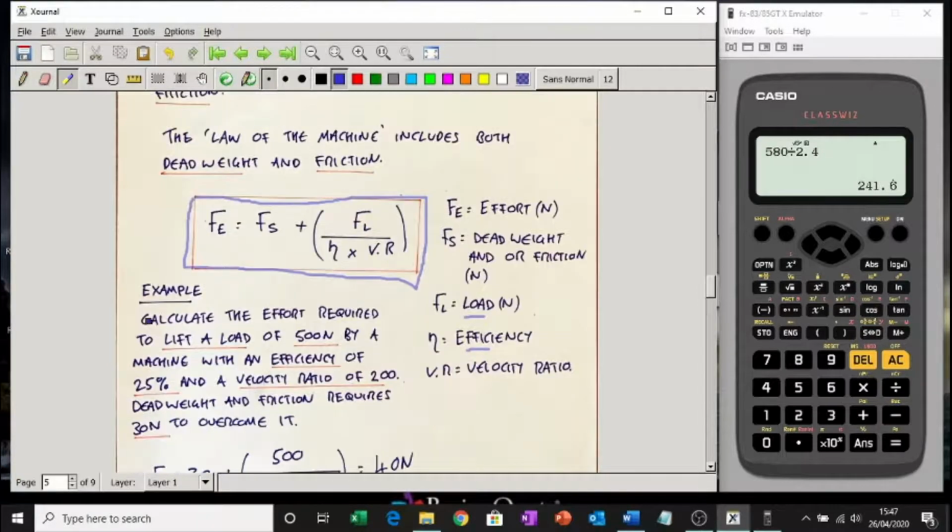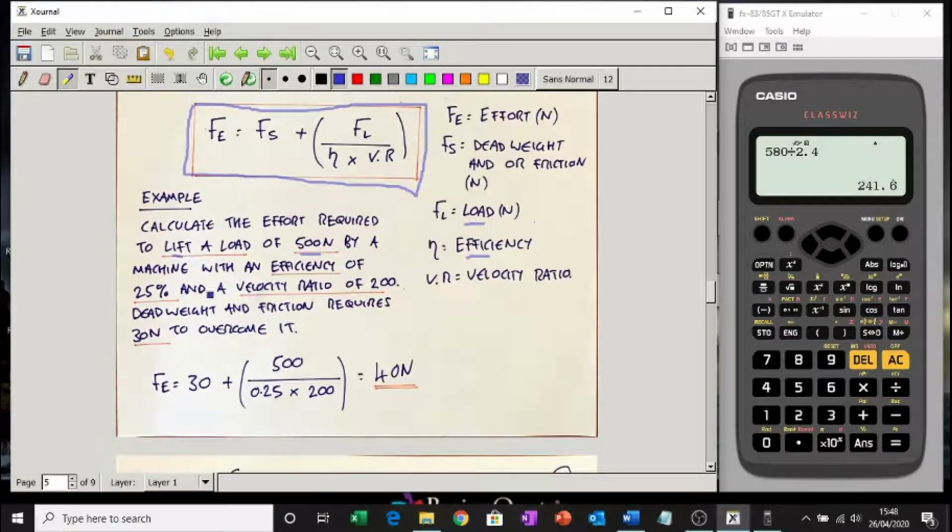So for example, calculate the effort required to lift a load of 500 newtons by a machine with an efficiency of 25% or 0.25 and a velocity ratio of 200. The dead weight and friction requires 30 newtons to overcome it. That just means this Fs is going to be 30. So we've got an example.